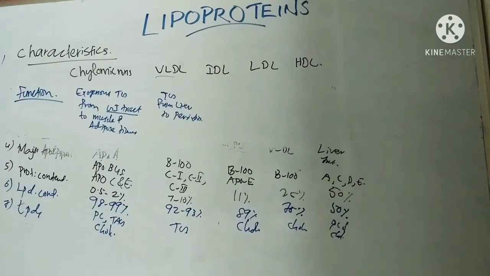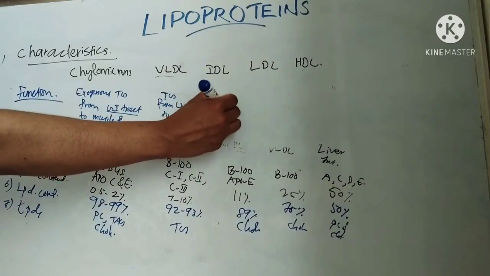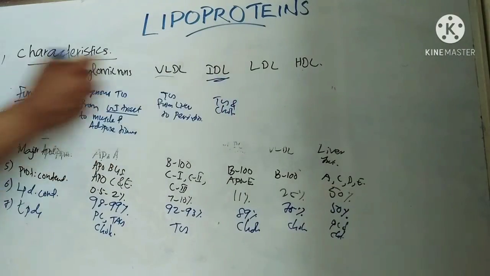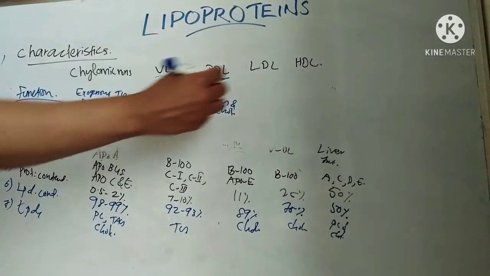Then IDL, its function is similar to LDL, and it transports triglyceride and cholesterol. Then coming to LDL, it is usually the metabolic end product of VLDL. Its function is to transport cholesterol from the liver to peripheral tissues.